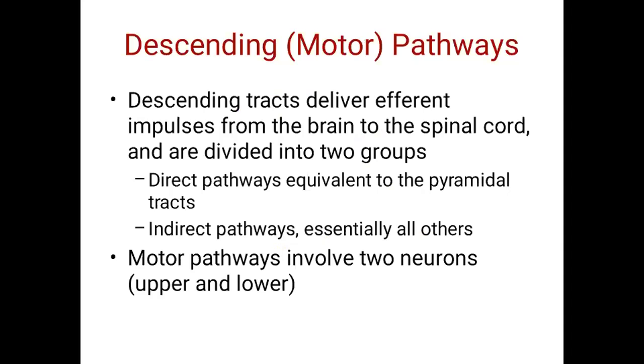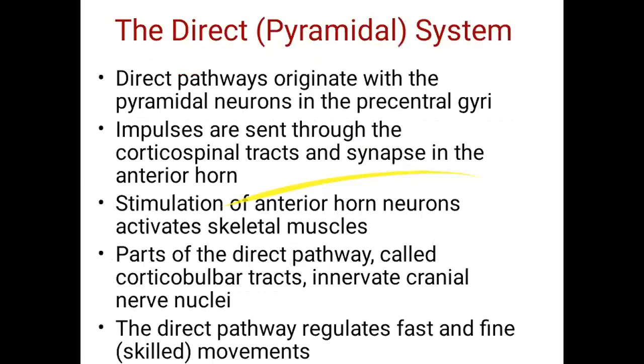You need to know the difference between upper motor neuron palsy and lower motor neuron palsy. The pyramidal tracts generally originate from the pyramidal neurons in the primary motor area, and the majority of fibers send impulses through the corticospinal tract.